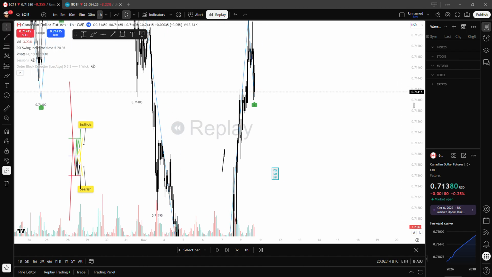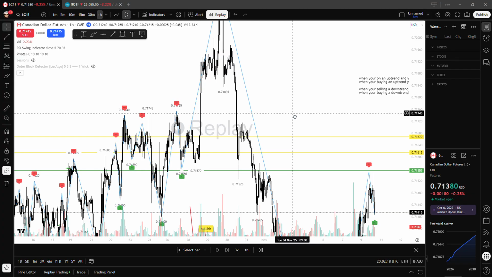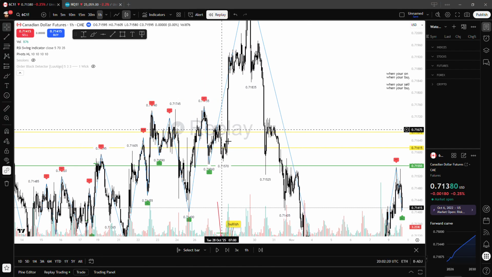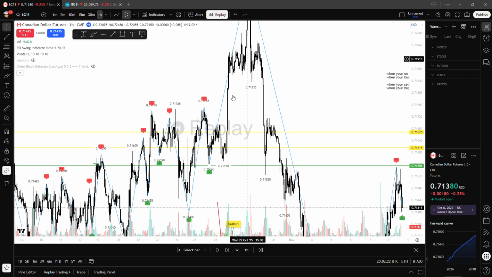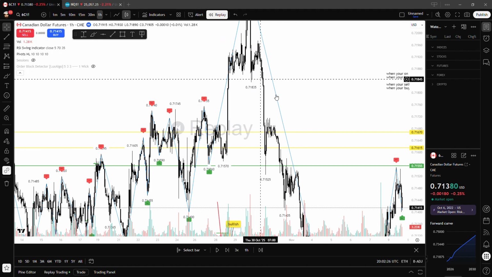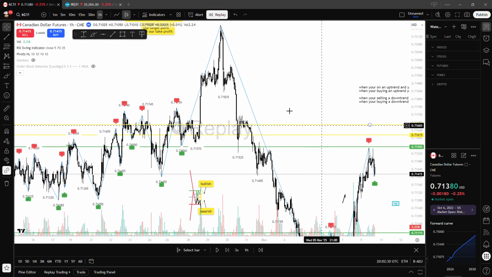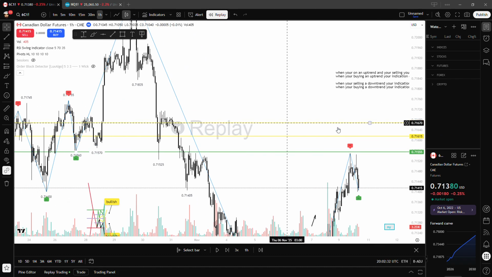Oh, that's what I meant. When you're buying from an uptrend or a downtrend, it's not while you're buying into it, it's while you're buying from it. You're breaking away from that trend. Like a reversal. I think that's what I mean.